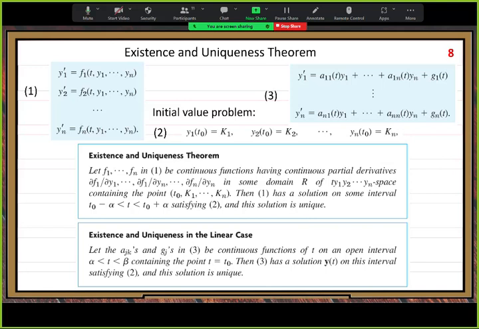Then 3 has a solution y of t on this interval satisfying the initial condition 2, and this solution is unique.